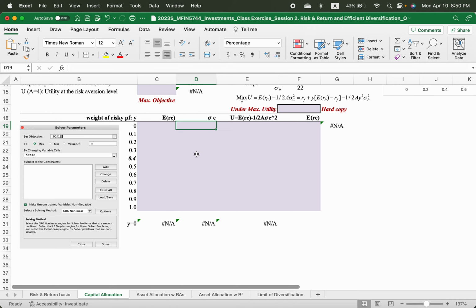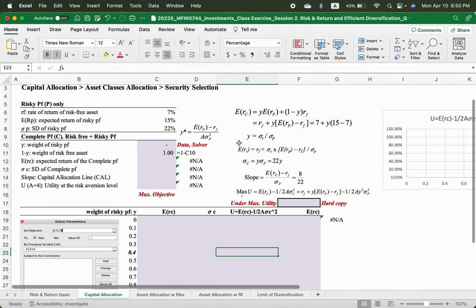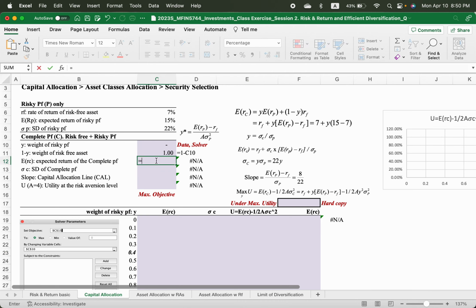And then we'll find the maximum level of utility of the investors. Now, once we get this weight, then the expected return of a complete portfolio is simply the risk-free rate times the risk-free asset weight, right?